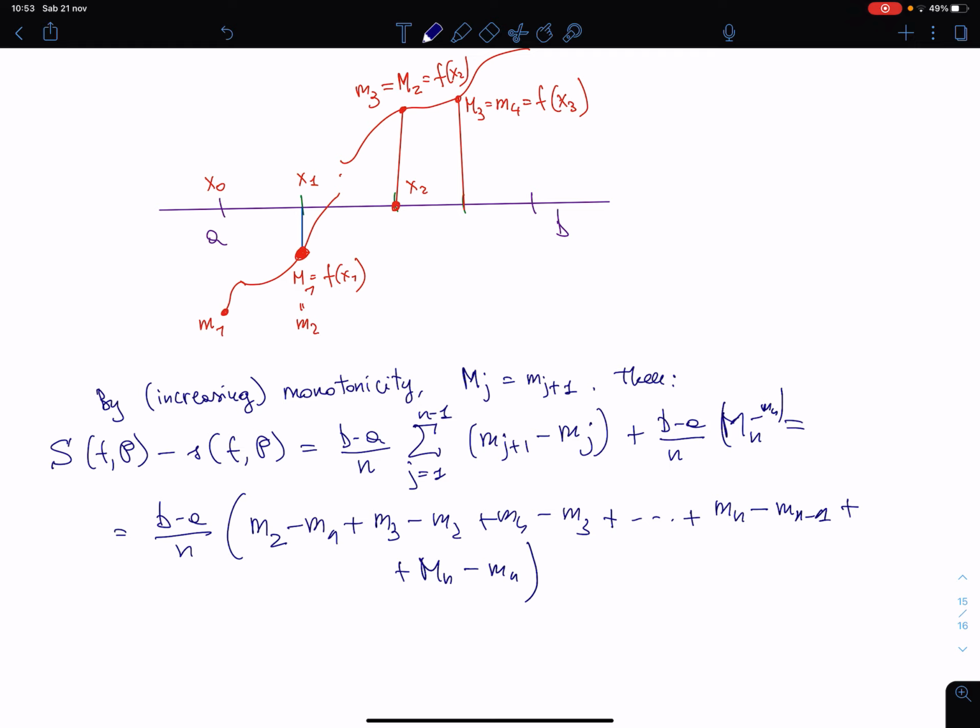Okay? If this writing is misleading, and it was a bit for me, so develop immediately in this form.